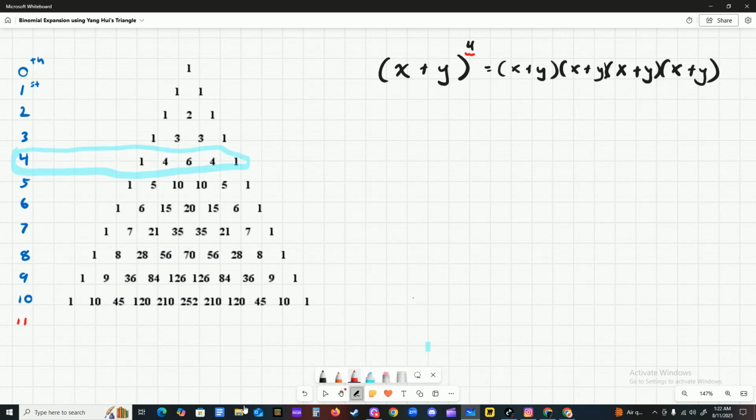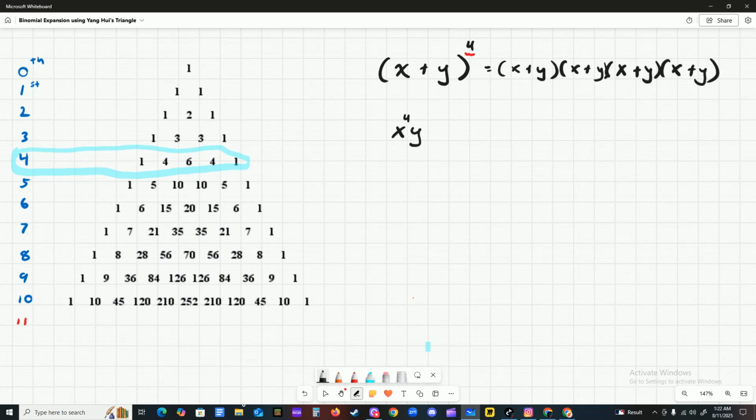All right, we're using that right there. This is how we're going to do it. We're going to take x and y, x and y, all right? And we're going to take the 4 and put it on the x right there. Just like that. And now the exponent for the y will be a number that plus 4 makes 4.